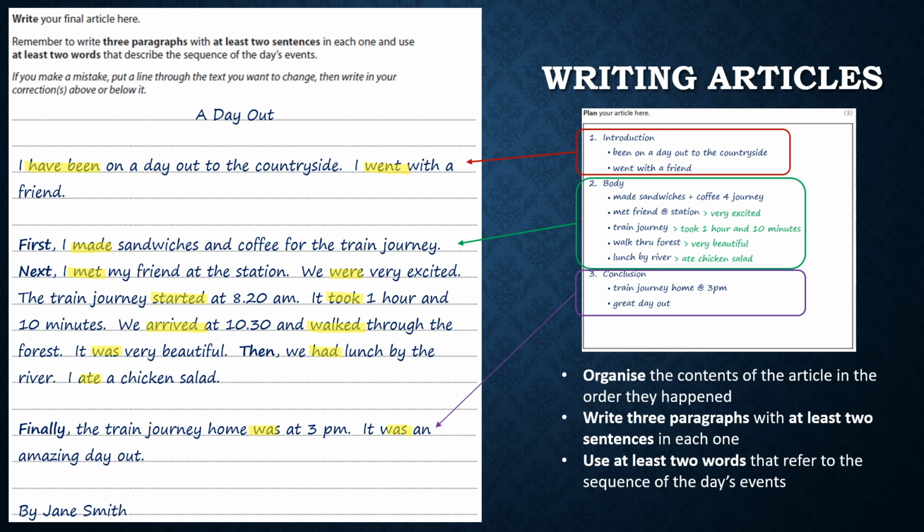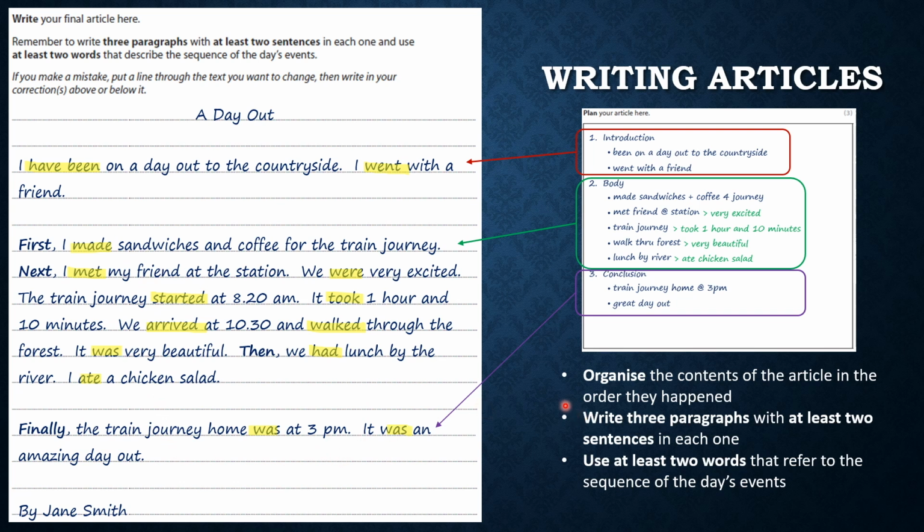Okay, so now let's double check that we have actually answered the question. So the first bullet point here is to organize the contents of the article in the order they happened, which we have done. And as the time words here will help us sequence, we have used first, next, then, and finally. So we have worked through the first action there in the morning and all the way home to the journey in the afternoon.